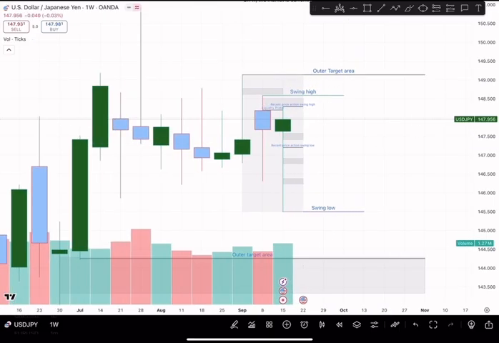So how I do this is on this swing high right here, you look to the left and you see which area to the left price would likely attract. And this is it. So this is the alternate target area, and this market can target here, the lowest point from here, the outer target areas.